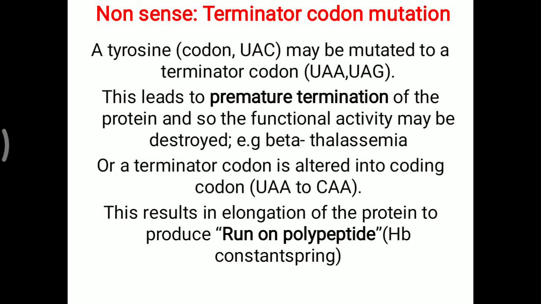Suppose a normally functional protein of 100 amino acids, due to premature termination, may be only 75 amino acids. Now in a run-on polypeptide, suppose the protein is made up of 125 or 150 amino acids, and that creates a nonsense effect of the mutation.